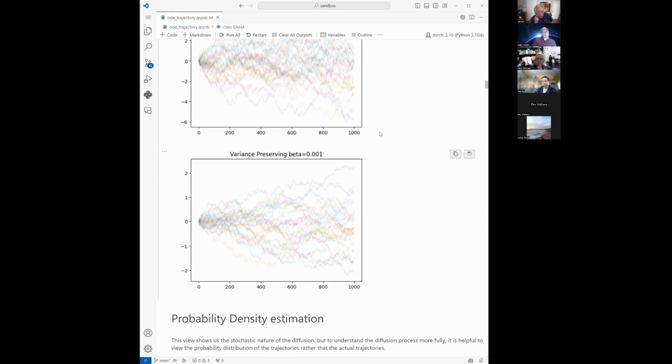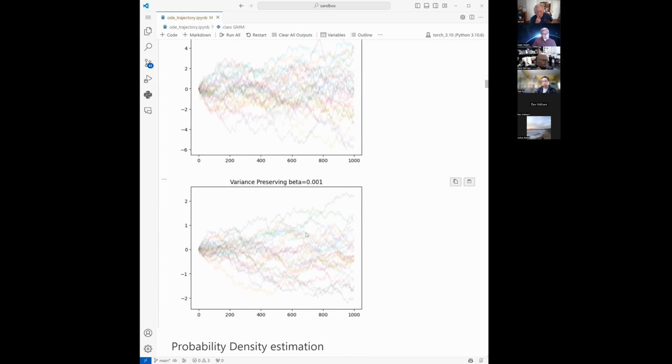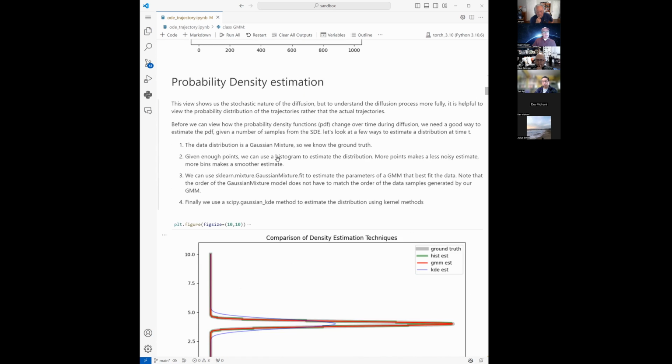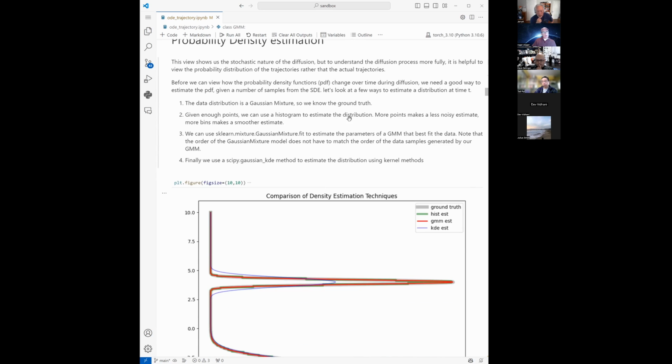Okay, looking at this, it's a little hard to tell what's going on. So I wanted to look at PDFs for these data and watch how the PDF changes over time. I looked at a couple different ways to determine the PDF. We know the ground truth because I'm starting with a GMM. If we get enough data points, we can just do a histogram. A lot of data makes it less noisy, and more bins makes it smoother.